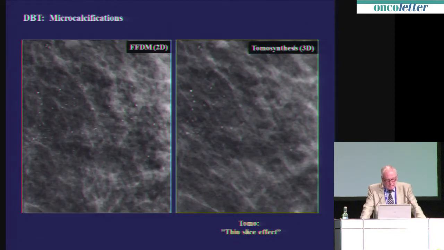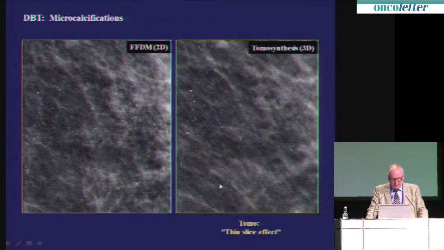Let's look at these aspects. Microcalcifications. Be aware that on these 1 millimeter slices, you occasionally see only some of the microcalcifications, not all that you can see on a projection 2D image. That means we have the so-called thin slice effect. But we have the possibility on the workstation to merge slices of 1 millimeter into so-called slabs.